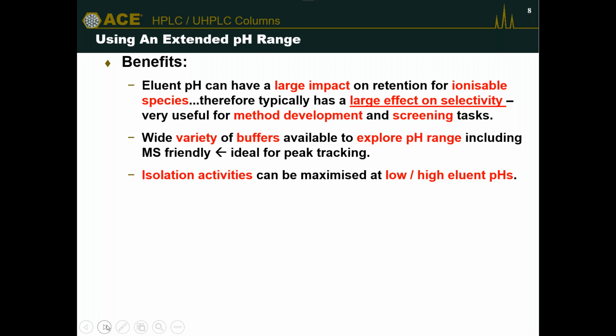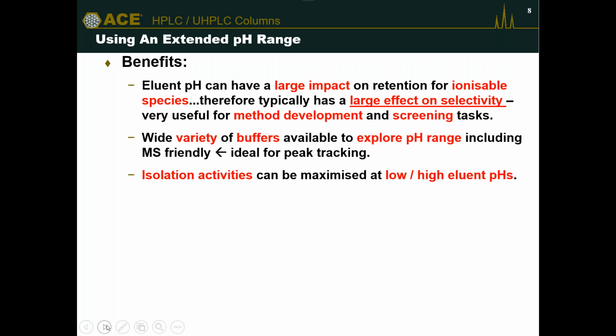We have multiple buffers that we can try, so you're not restricted by the buffers on offer, and a lot of them are mass spec friendly, so depending on the actual method of detection you've got, you're not limited by the buffer availability. It's something you need to consider, of course. We don't want to be running phosphate buffers in mass spec unless we really have to, you know, divert the flow, for example, as an alternative.